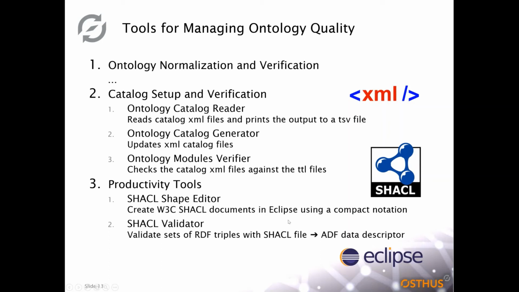The other one is the SHACL validator. You can define SHACL shapes that define what the structure of your ontology or part of your ontology should look like. And then you can validate that. So you can validate the ADF data descriptor or validate whether our AFO complies with our data model.